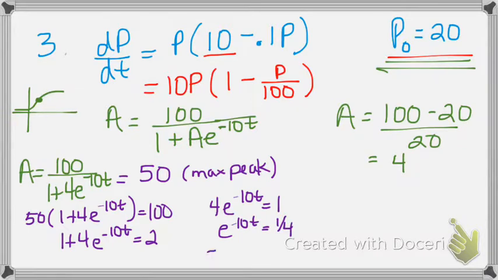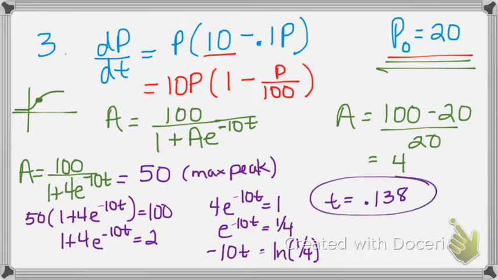Take the natural log on both sides. Divide by negative 10. And I get 0.138. So that means that whatever this is talking about is increasing the fastest at t equals 0.138.